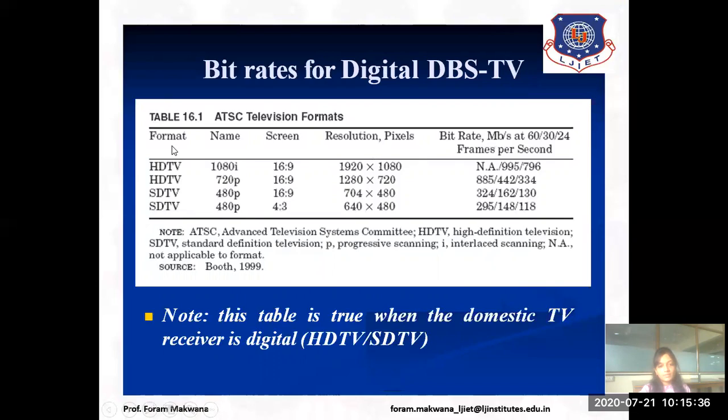For example, if I consider the HDTV, it has a screen ratio of 16:9, with pixels like 1920 cross 1080, and it has bit rates respectively for HDTV as well as for SDTV. Over here, P stands for progressive scanning, I stands for interlace scanning, that we have already studied in audio video system, what we mean by interlace scanning and progressive scanning.